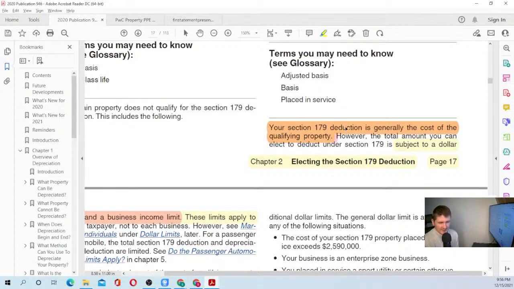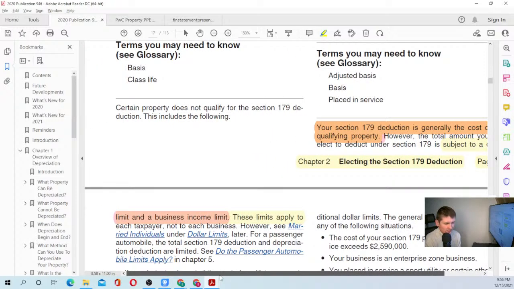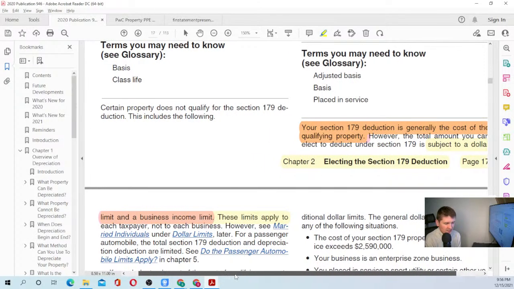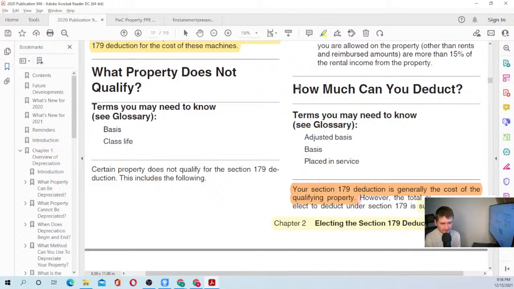Your 179 deduction is generally the cost of the qualifying property. However, the total amount you can elect to deduct under Section 179 is subject to a dollar limit and a business income limit. So that's about how much you can deduct.